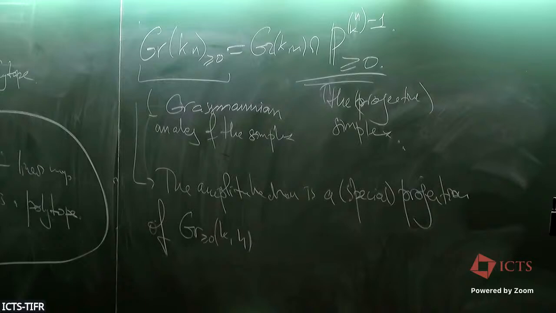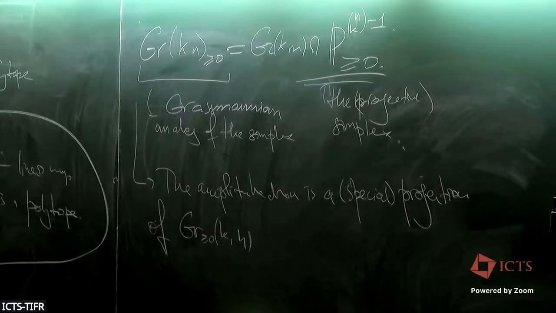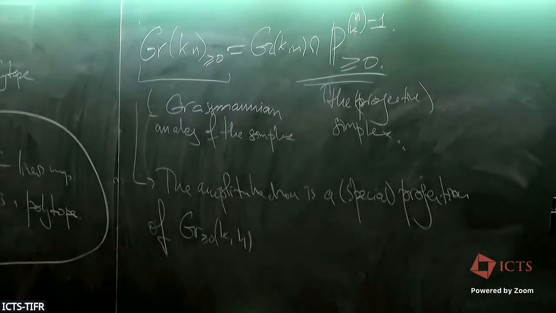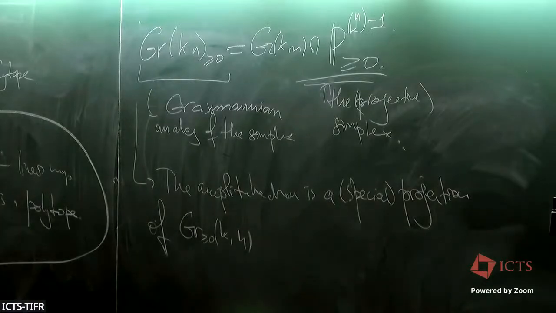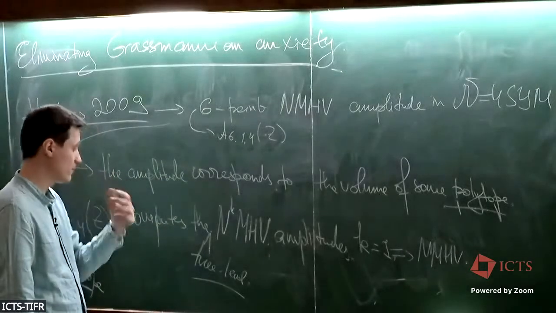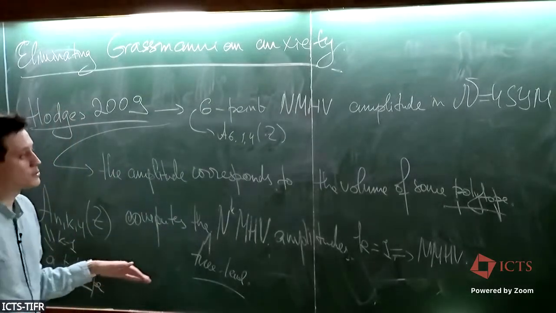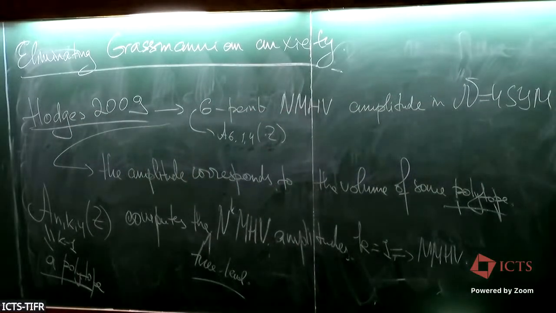There is no surprise in the fact that this is a special projection, because the polytope that Hodges discovered was a cyclic polytope, and cyclic polytopes are very, very special, as Melissa said. They have this extremal combinatorial property that they have as many faces as possible under a fixed number of vertices. And in the same spirit, the Amplituhedron is a very special projection of the positive Grassmannian.